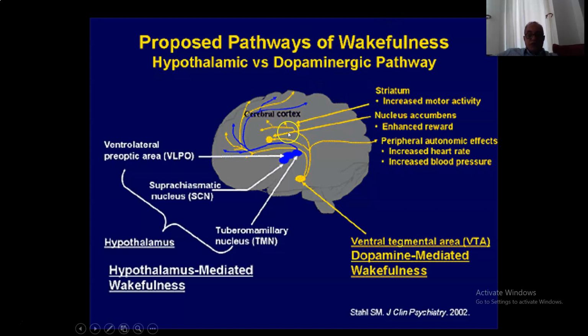Regarding the proposed pathways for wakefulness, you don't need to go through details, but you know that there are impulses going from the hypothalamus to the cerebral cortex to keep patients awake, and this is part of the mechanism. It is not the only subcortical organ, but it is a very well-known fact that injury to the hypothalamus produces excessive sleep.